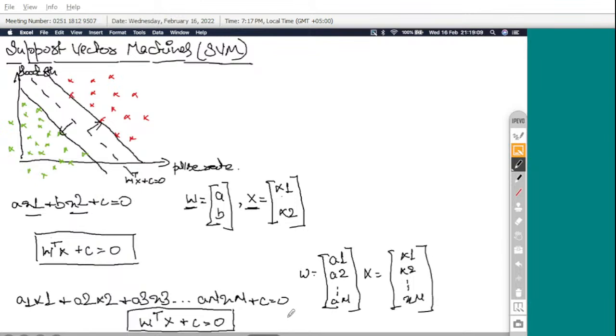Now clear? The equation of a best fit hyperplane will be W transpose X plus C equals to 0.